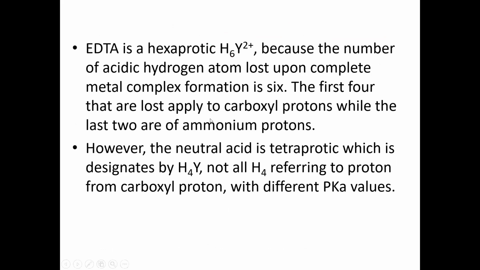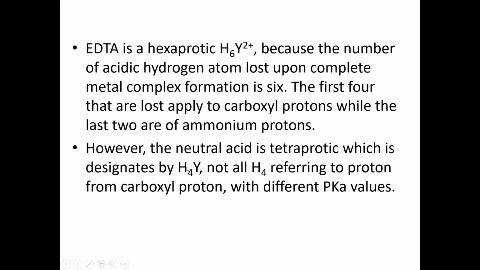So we said before that EDTA is hexaprotic because there are four acidic hydrogens, and two ammonium protons will be lost. And that is why it's H6Y2+. But the neutral acid is tetraprotic, which is designated by H4Y.